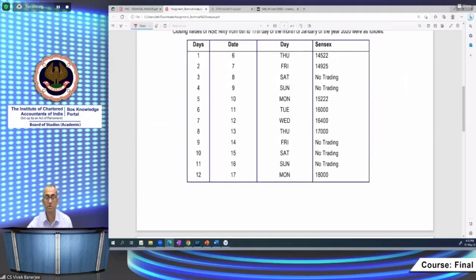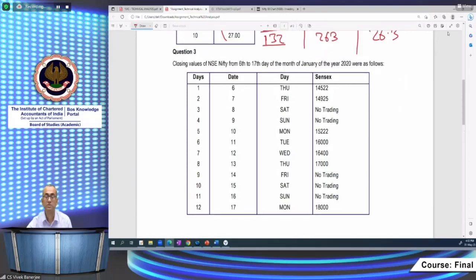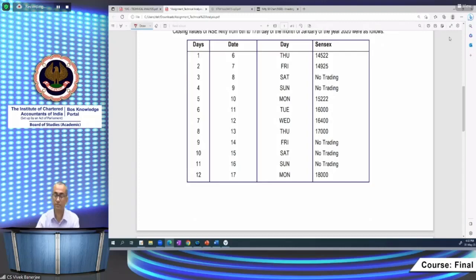So how is the exponential moving average calculated? It is calculated by a very simple formula.